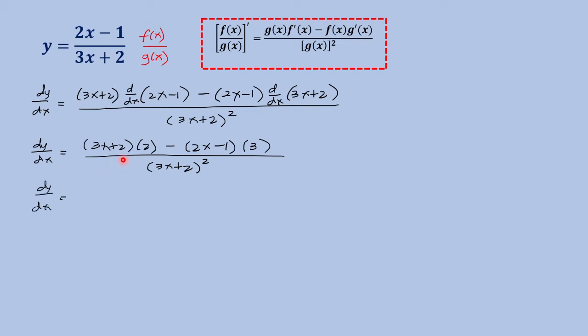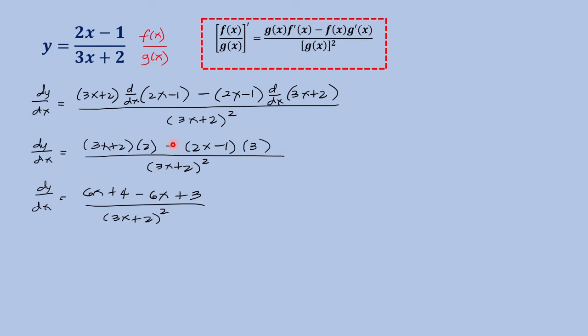Now, we're going to multiply 2 by 3x plus 2, and then here 3 times the negative of 2x minus 1. So that would be 6x plus 4 minus 6x plus 3 over 3x plus 2 then square.